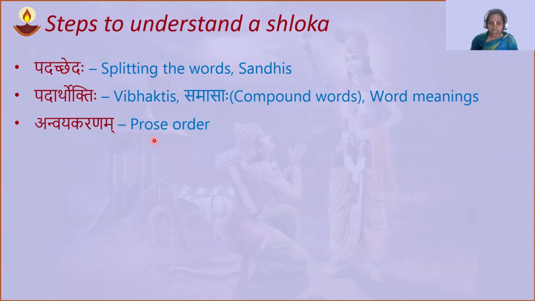Because of this flexibility, poets can move the words up and down in the shloka. So when we read the shloka literally, we will not be able to understand what it says, because it's not like a normal sentence, the way we speak. That's why we need to rearrange the words in a different order called prose order, the way we speak basically. By reading it, we'll immediately be able to understand what it is saying.